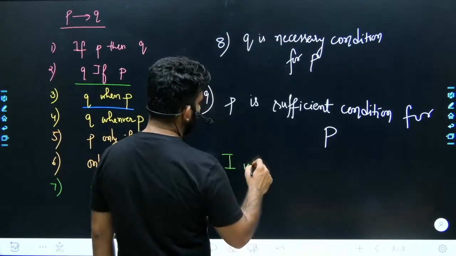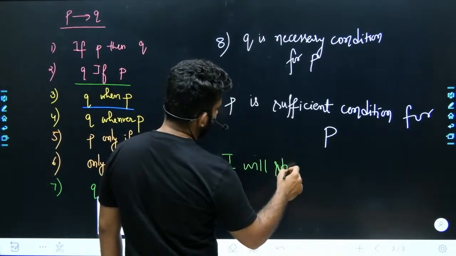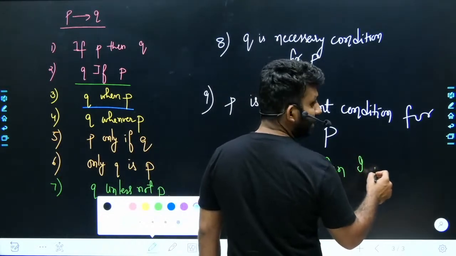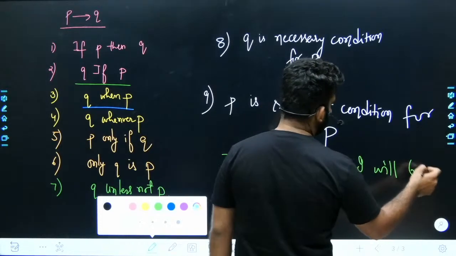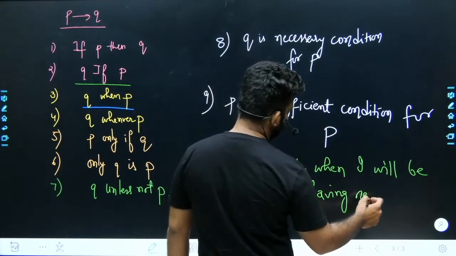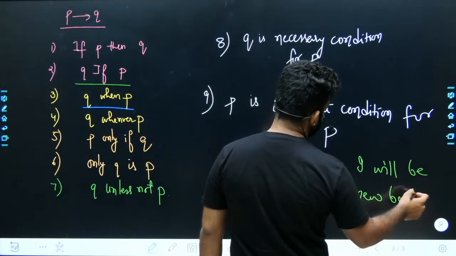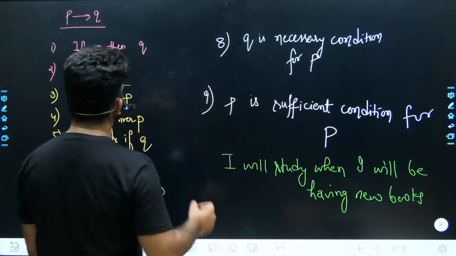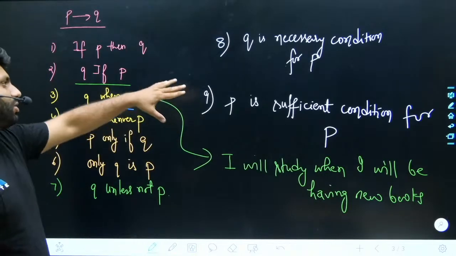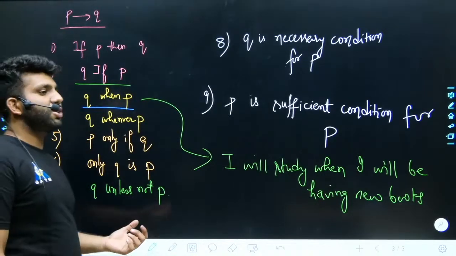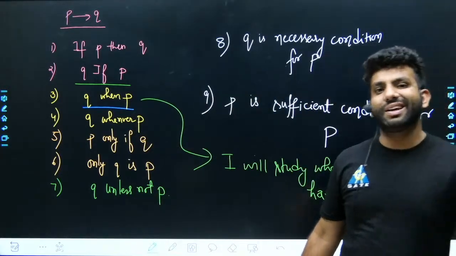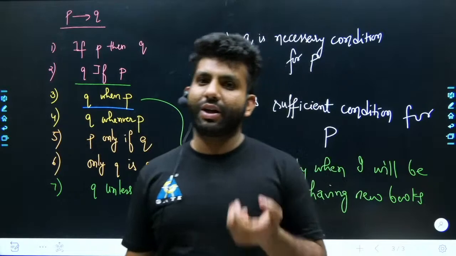Now, similar to that, we have this Q when P. I will study when I will be having new books. Let's understand. This is the example for this one. I will be giving you an example for each one of these, the 9 parts, the 9 examples in which this implication can be used in general English, how it can come in your daily conversation.